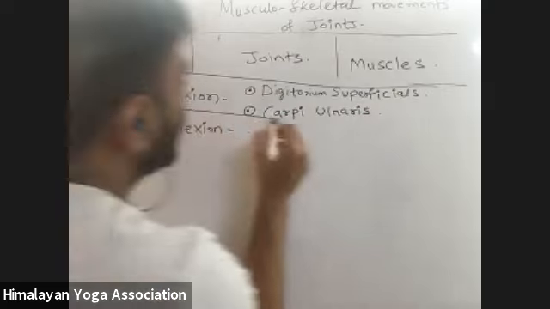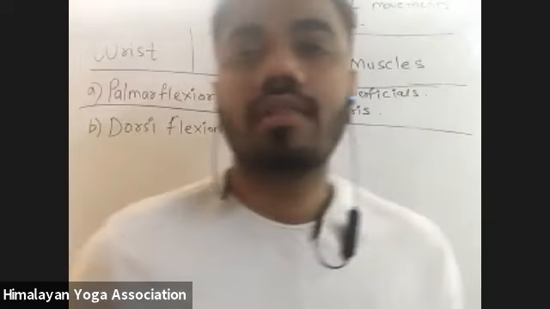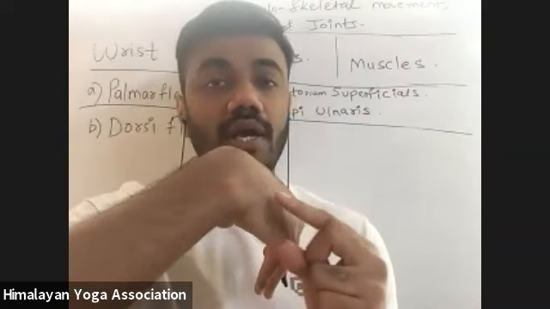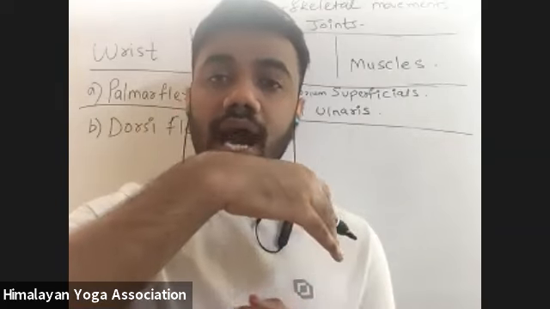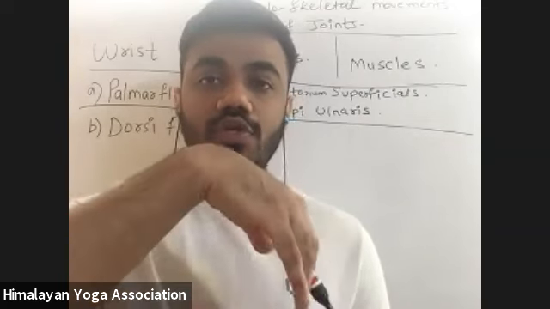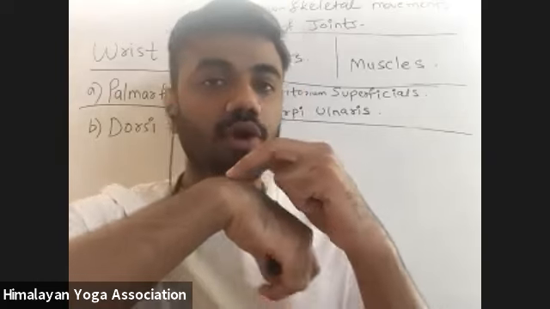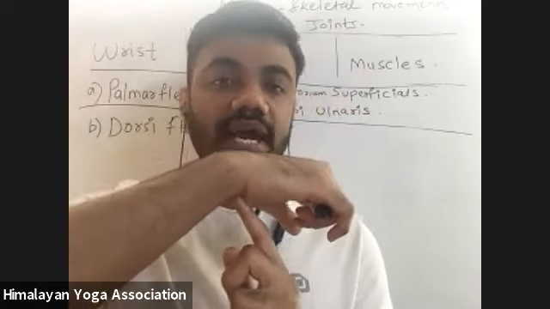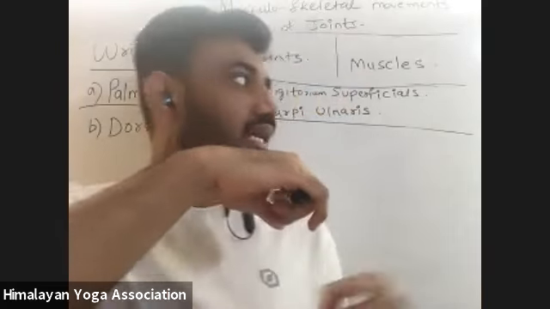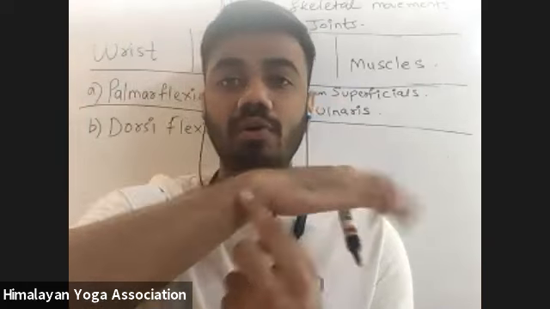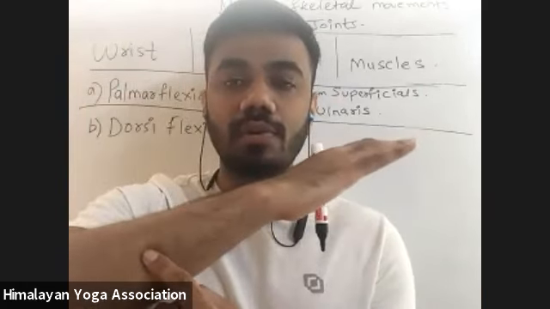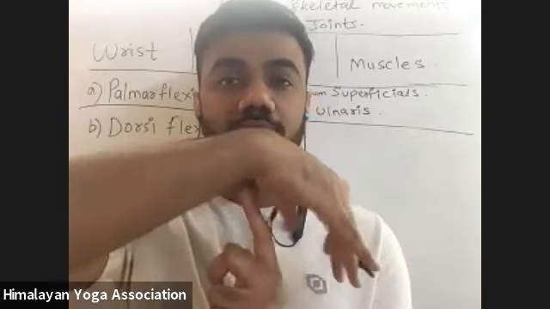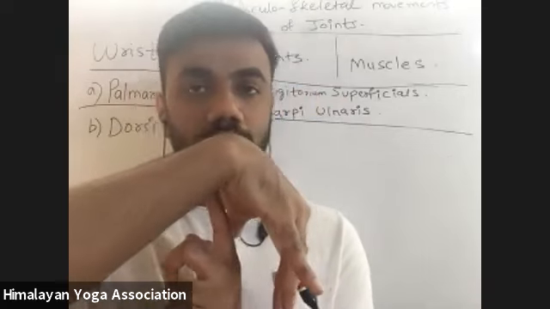So in the palmar flexion movement, the digitorum superficialis muscles get engaged along with the carpi ulnaris muscles. These are muscles which originate from the carpals, the wrist bones, and insert in the ulna bone. So where is the ulna bone? Here is your ulna bone. So carpi ulnaris muscles get engaged during palmar flexion.